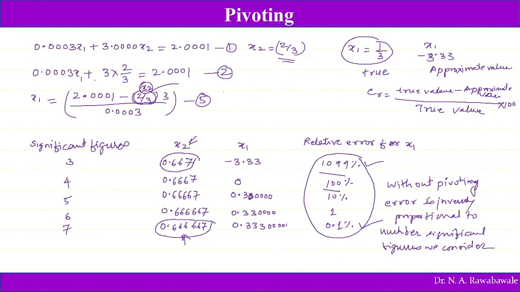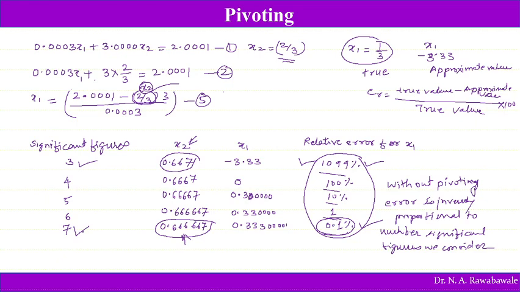So what we can find here is, in the first case, the error was 100%, 10%, 1%, and 0.1%, depending on significant figures. So if we take the least number of significant figures, the error was larger, and if we move up to higher significant figures, the error went down to 0.1%.